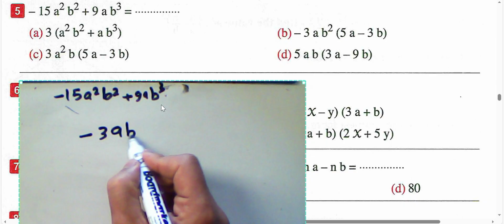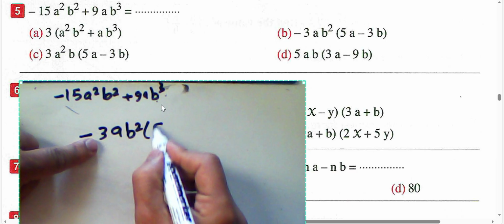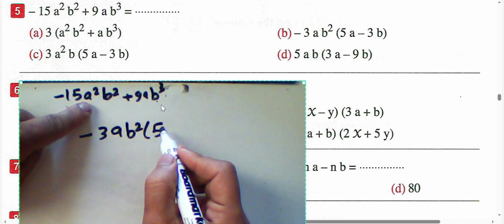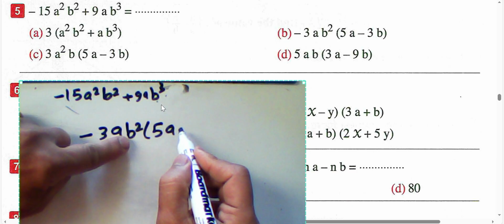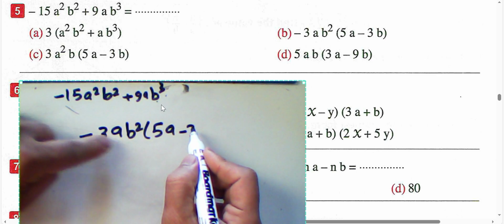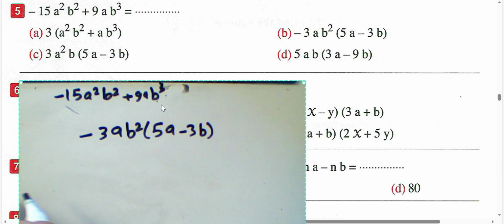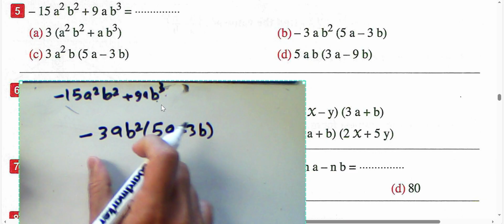And b^2 is the smaller between b^3 and b^2. 15 divided by 3 is 5. Negative divided by negative is positive. a^2 divided by a equals a. b^2 divided by b^2 is 1. Positive divided by negative is negative. 9 divided by 3 equals 3. a divided by a is 1. b^3 divided by b^2 is b. The answer will be 5a minus 3b times negative 3ab^2.